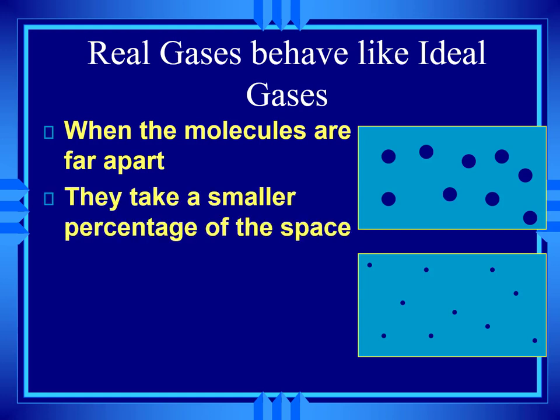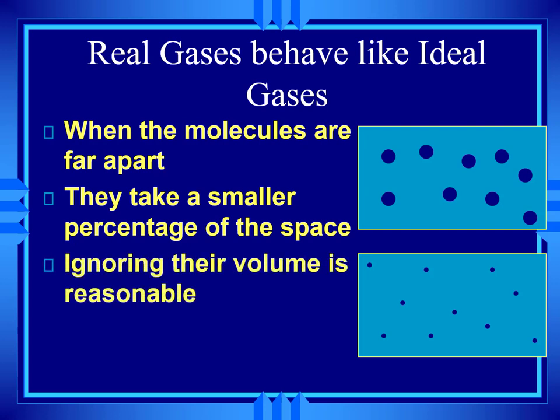So when the molecules are far apart, they take up a smaller percentage of the space, and ignoring their volume is reasonable. Ignoring the space the molecules take up in here is much more reasonable than ignoring the space they take up in there.